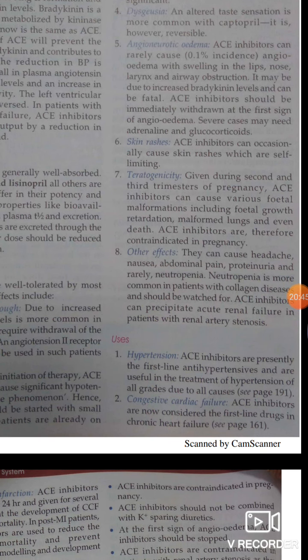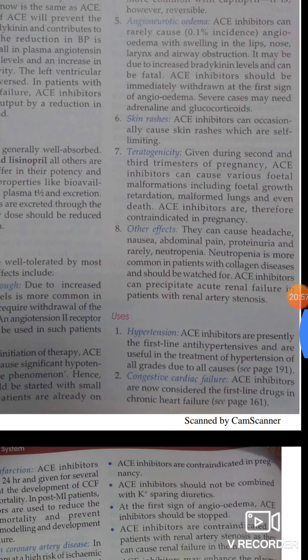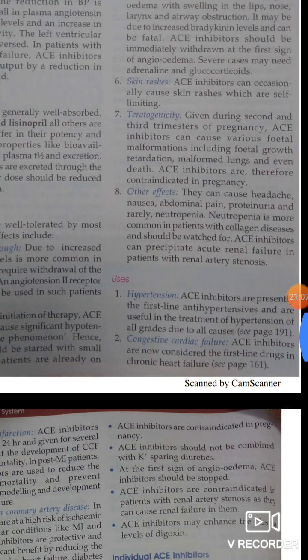If it is given in the second and third trimester of pregnancy, then it causes several malformations of the fetus, and it includes fetal growth retardation, malformed lung, meaning the lung will not properly form, and even death, right? So it is contraindicated in pregnancy.